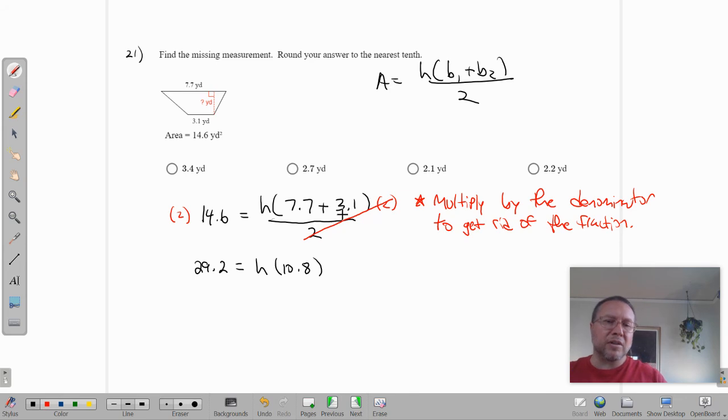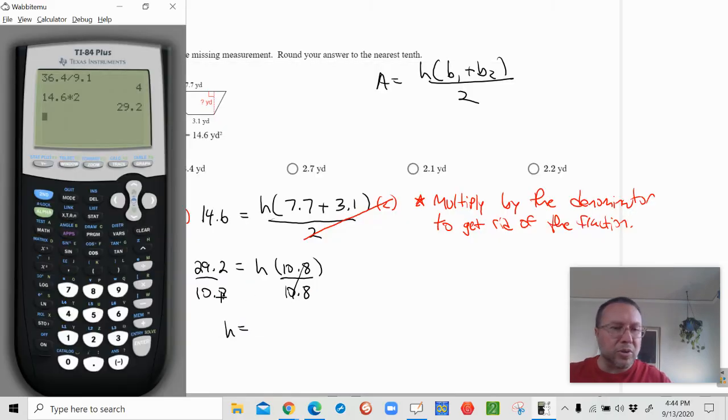And see, now what I've done is gotten rid of the fraction. So now, no more fraction. And now I can just divide both sides by 10.8. So I get h equals 29.2 divided by 10.8.